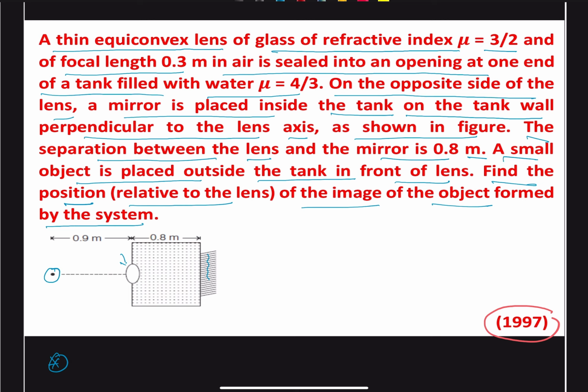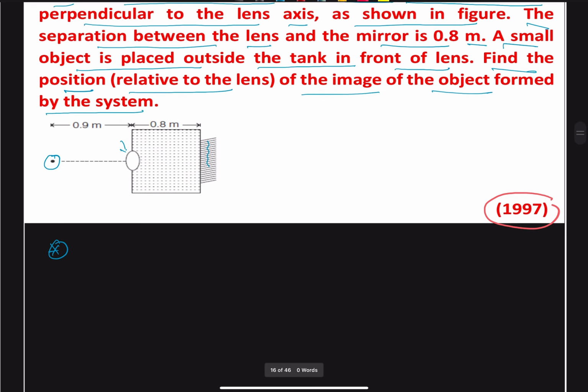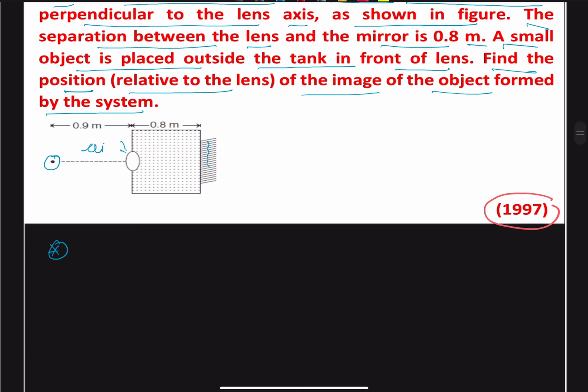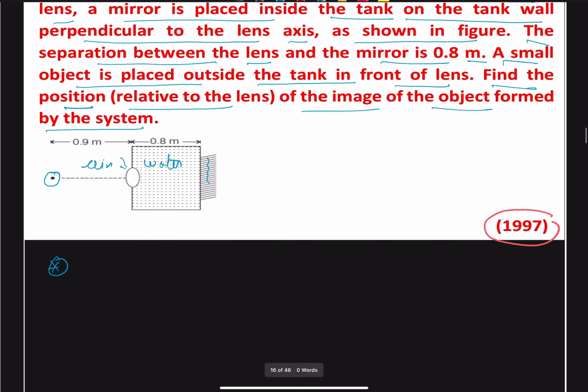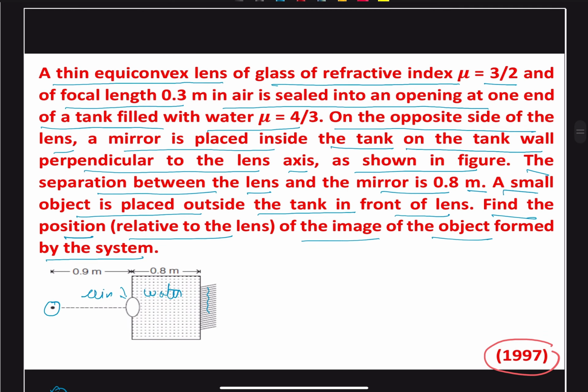At the one side of this equiconvex lens we have air, and to the other side we have water, and we are given that the thin equiconvex lens is having a refractive index of 3/2 and the water is having a refractive index of 4/3.